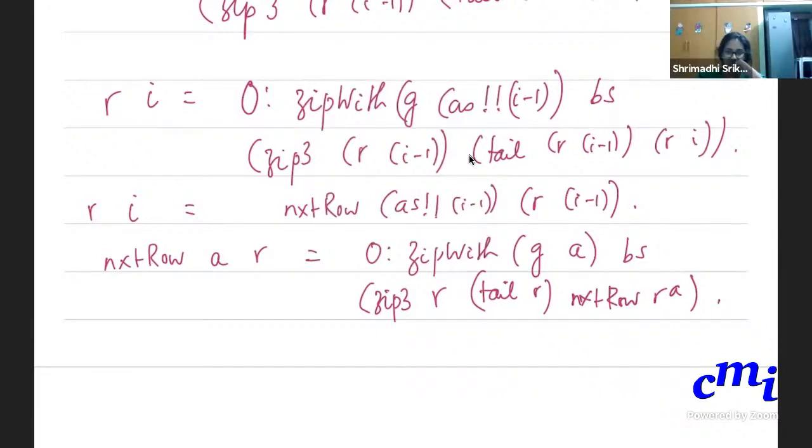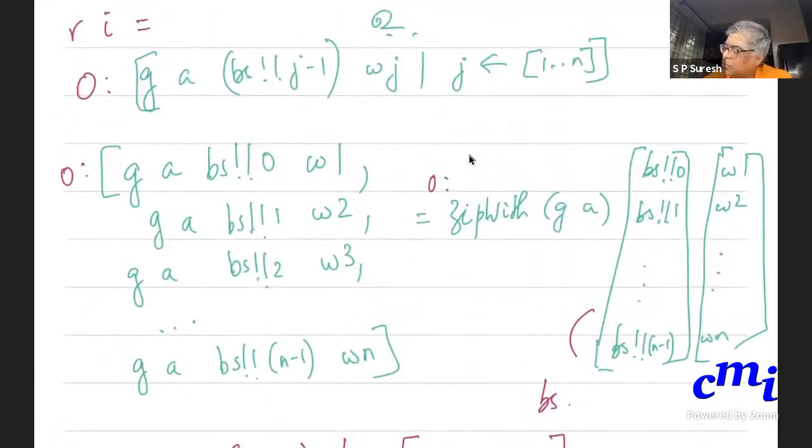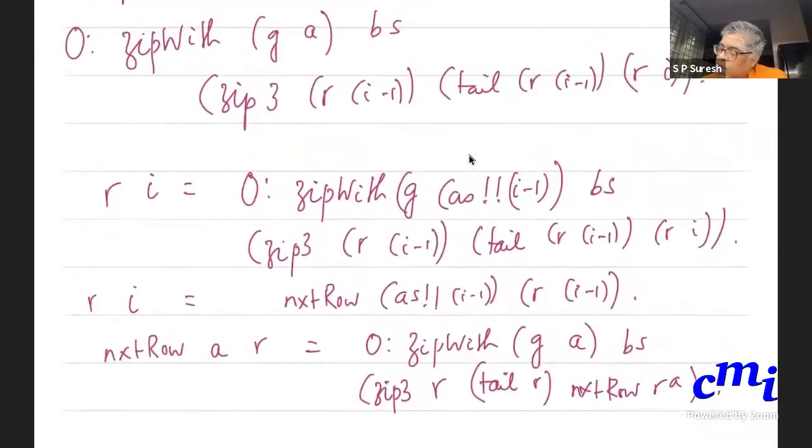You get R1 from, okay, let me actually write it in a way that will make it even clearer. Just give me a minute, I'll write it. Okay, so we are here, right?